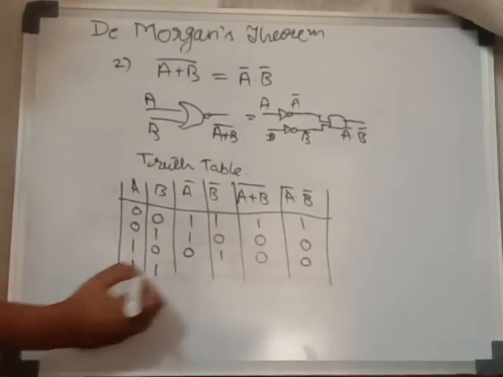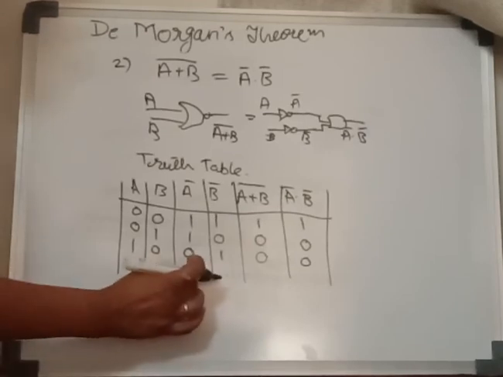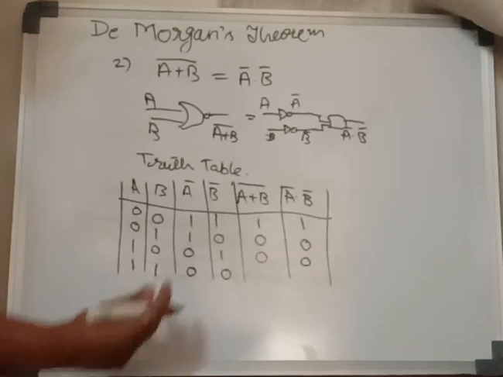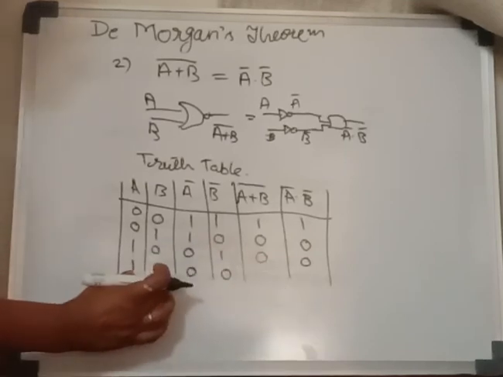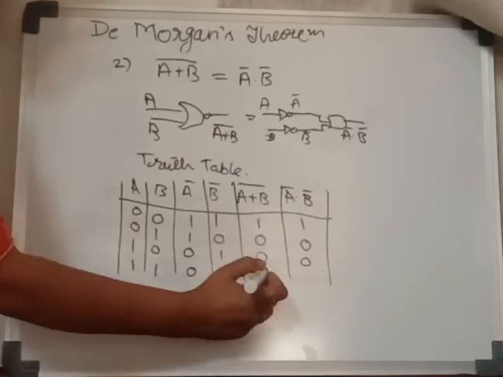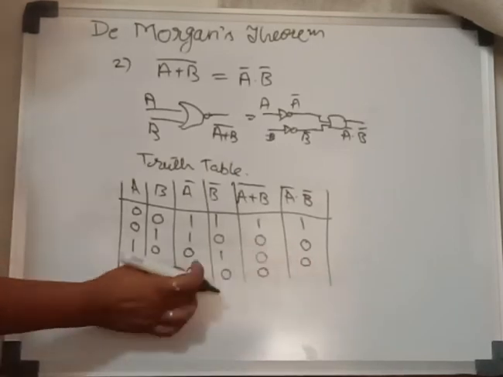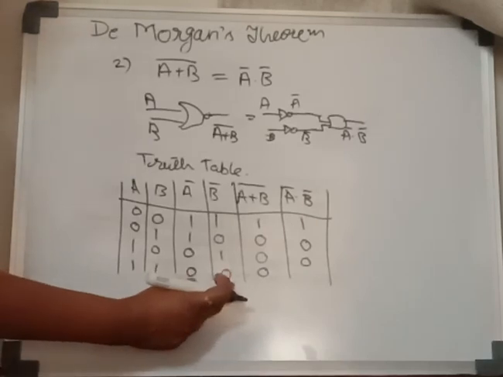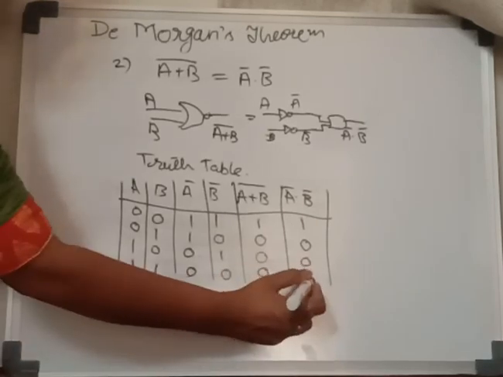When both the inputs are high, that is 1, 1, A negation will be 0, B negation will be 0 and sum of A plus B is 1 and its negation will be again 0. Here A negation, B negation, both are 0, so its product will be again 0.